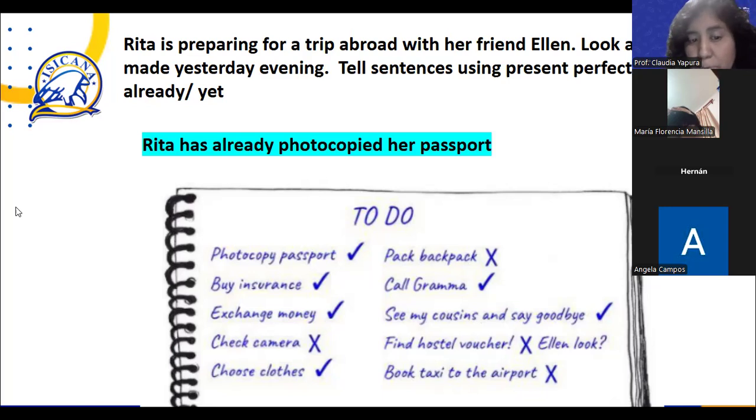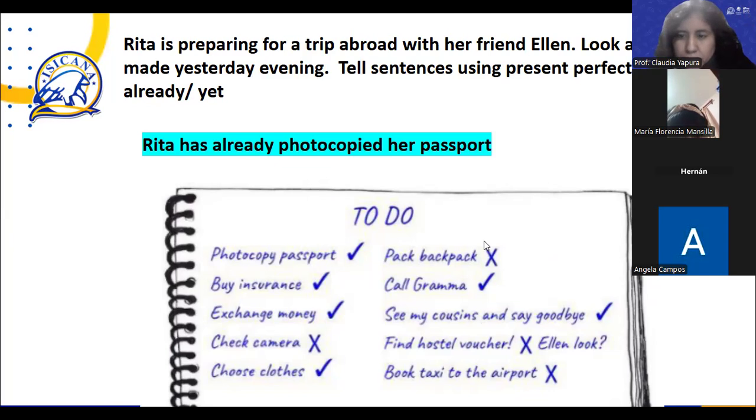To check some verbs, maybe you need to check buy or choose, yes, or find. Okay, good. And I'm going to ask you orally. Yes, Hernan? Okay. Rita has booked insurance.